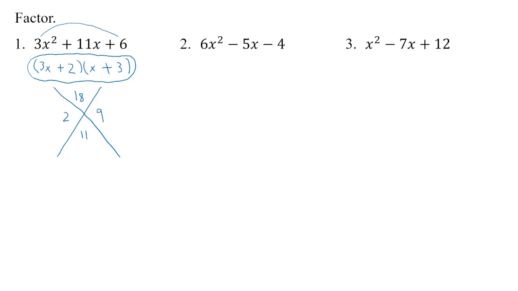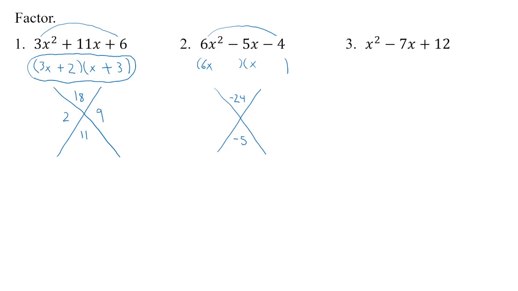Next, we're going to factor 6x squared minus 5x minus 4. So what you're going to do is factor 6x squared, and we're going to try 6x and x. Draw your big X. Multiply 6 times -4. That gives you -24. And in the bottom portion, you put in -5.